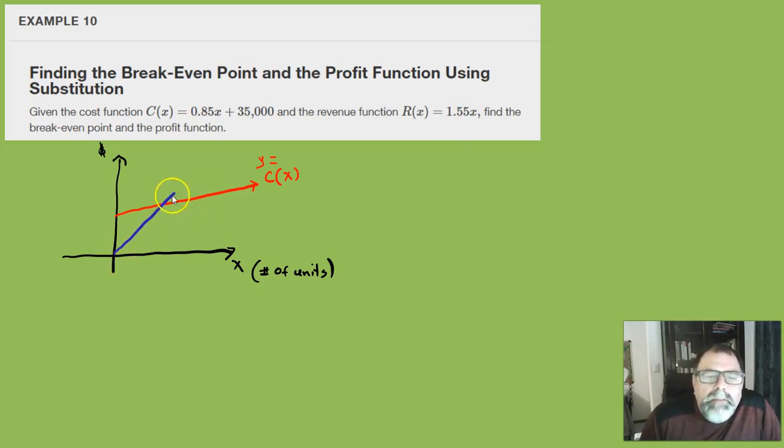Something like this. So y equals r of x. Then where they intersect, that's called the break-even point. So at that x, the y values are going to be equal there.